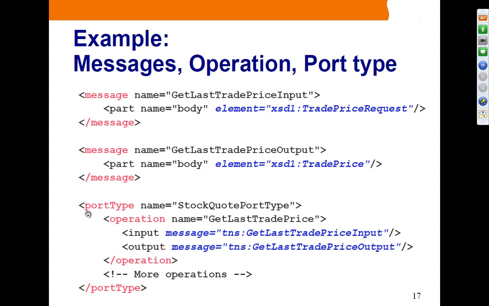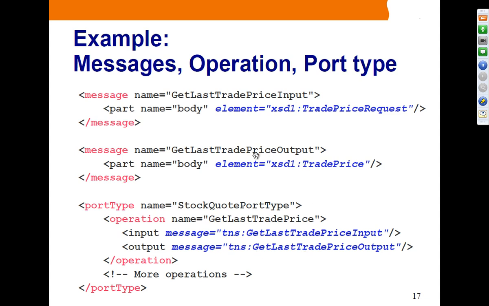Now the third element is port type. Port type is named stock quote port type here, and as I said in the previous slide, it is a collection of operations. In our example we have a single operation called get last trade price, and an operation is made of an input message and an output message. This input message points to this message, and this output message points to this message.